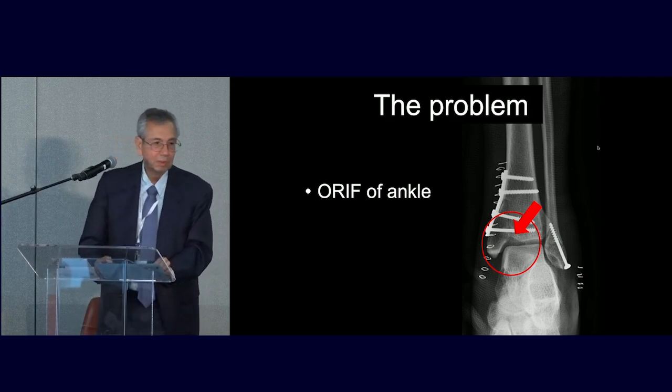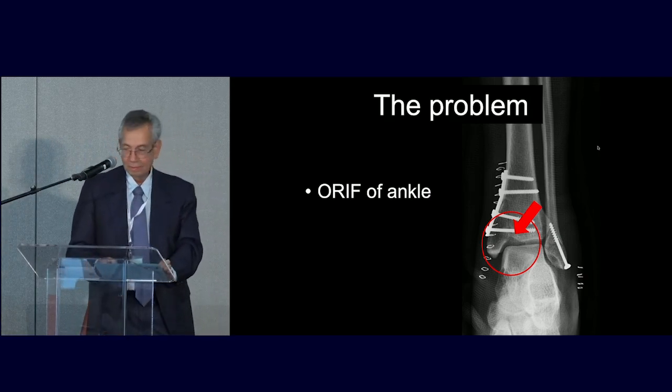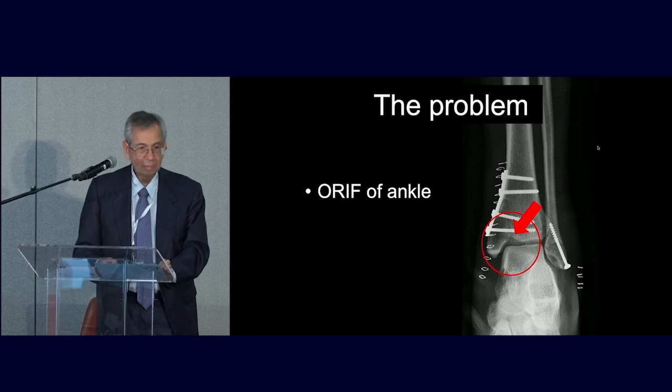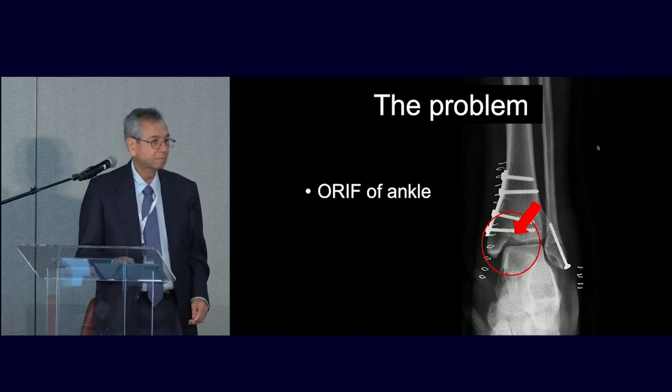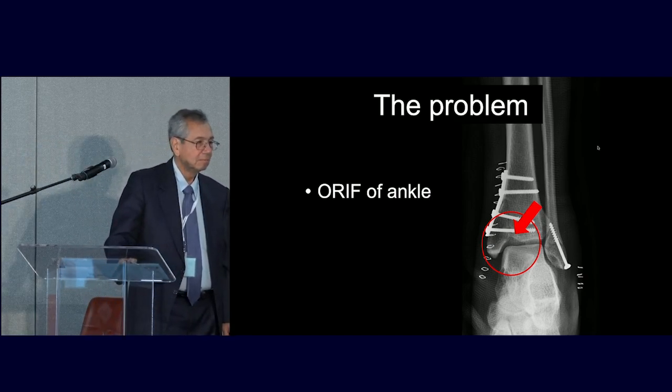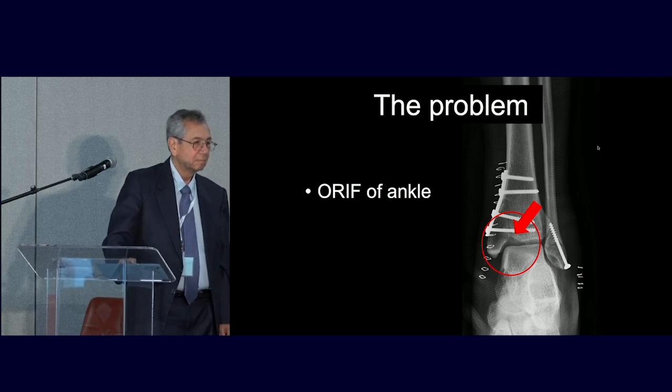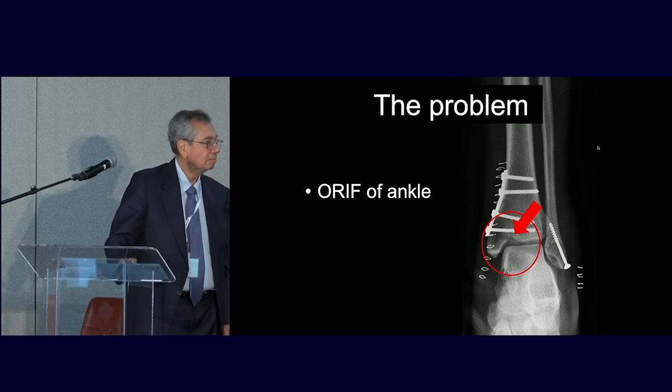So the problem here, I think, is inadequate fixation, the size, and the reduction. So, Steve, what recommendations would you have for fixation on the fibula for lower transverse fractures?